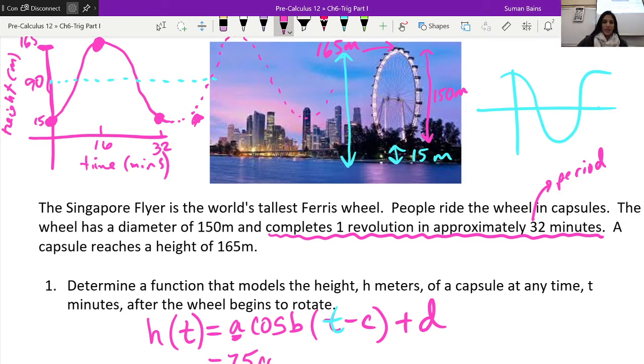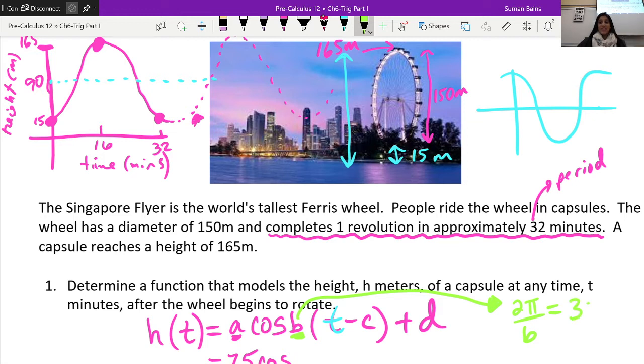Okay, so then cosine of, I'm going to use this, so there's our B, I'm going to do this off to the side. What do we know about the B value? What does it have to do with? The period. We know that it's always 2 pi over B gives us our period. What's the period in this case?